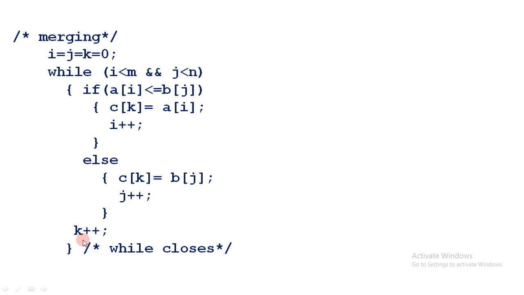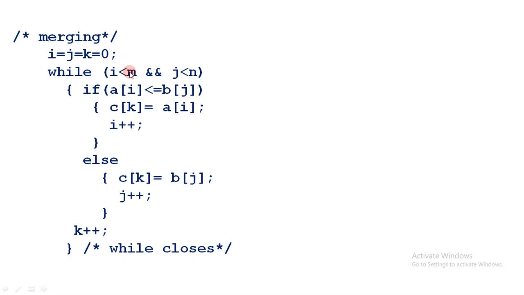Therefore k will culminate in the total number of elements. So after this while loop, the control can come out for two reasons: either i reaching its last position, or j reaching its last position, that is, A getting exhausted of all the elements, or B getting exhausted of all the elements, because both will never be exhausted together.